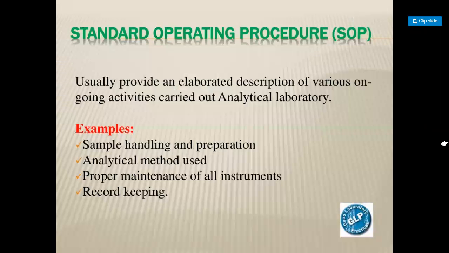Standard operating procedures for GLP usually provide an elaborate description of various ongoing activities carried out in analytical laboratories. The examples are sample handling and preparation, analytical methods used, proper maintenance of all instruments, and record keeping.